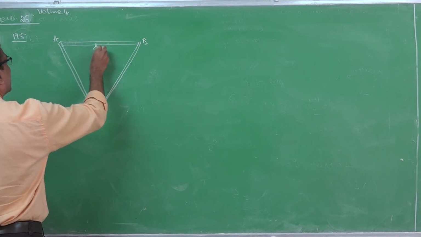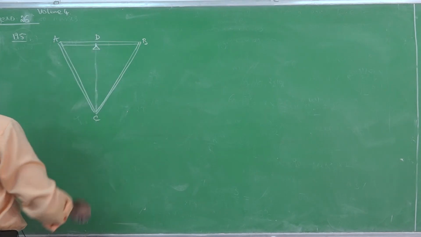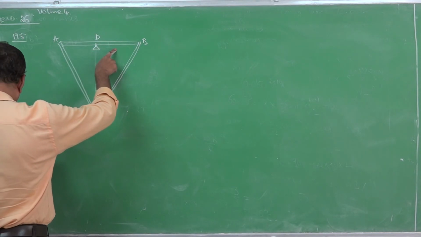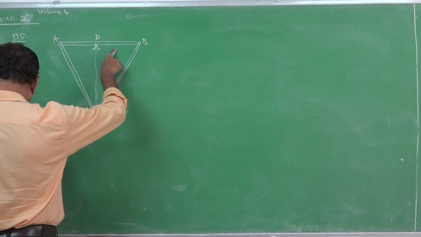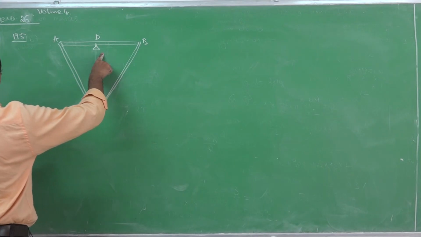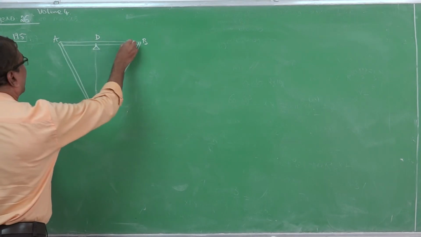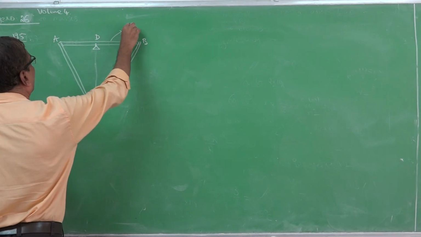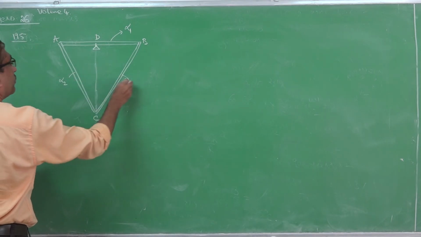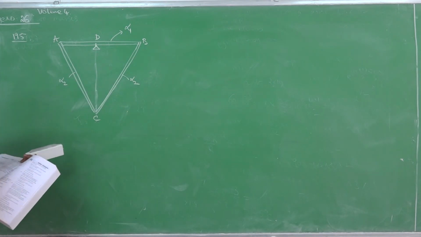This is D, this is C, and this is AB. AB is made of one material whose linear coefficient is alpha 1, and AC and BC are made of the same material whose linear coefficient is alpha 2.